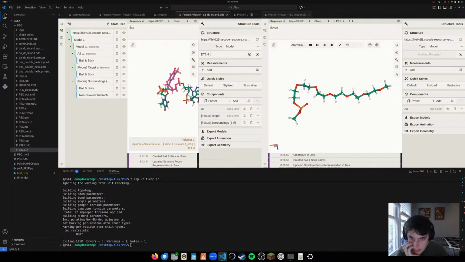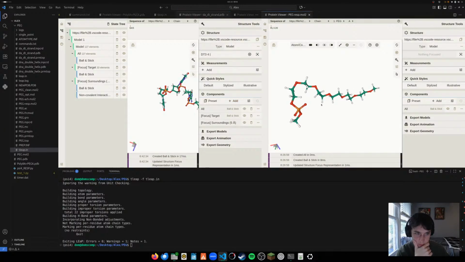So DT, yeah, and then that's the ribose. So we parameterized it like that. So we need to eliminate, this is the head right here.